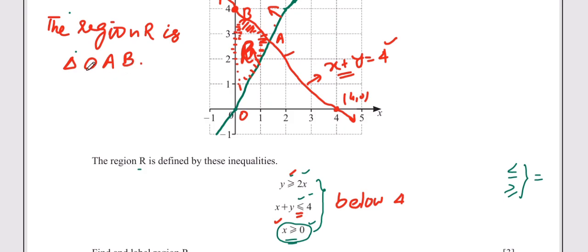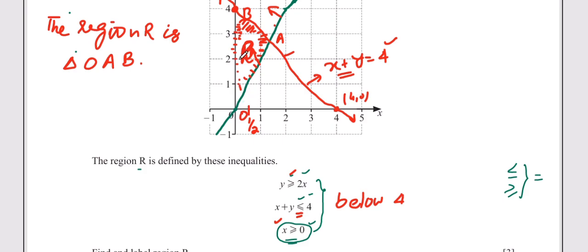Now, just for your satisfaction, if you think whether our region R is correct or not, you can choose any one point from this region. What is half of this? This is x is equal to 1 by 2.